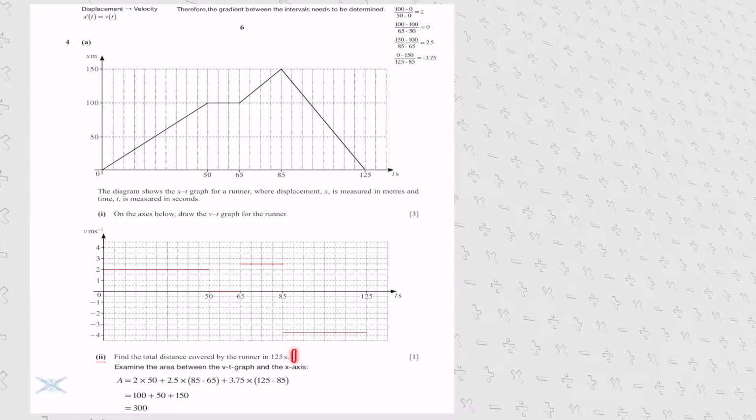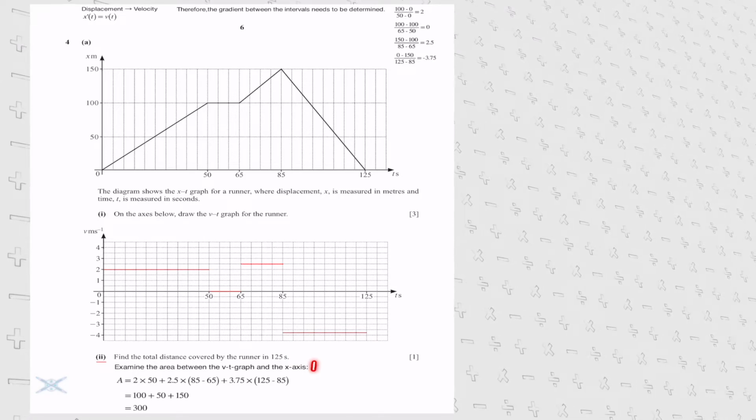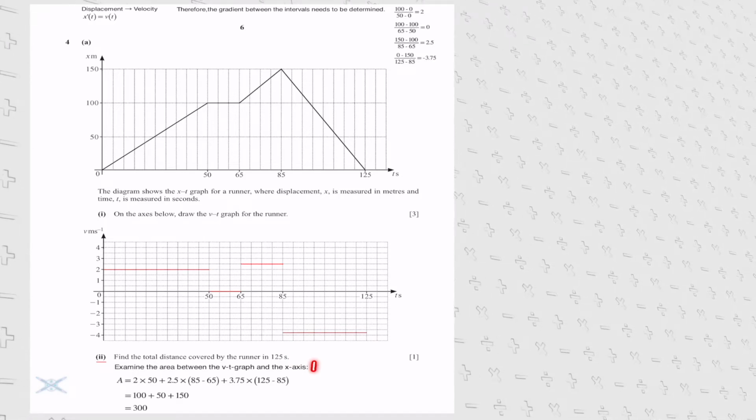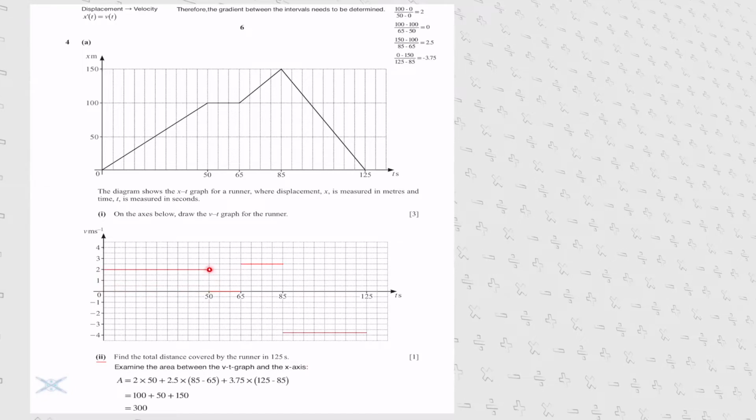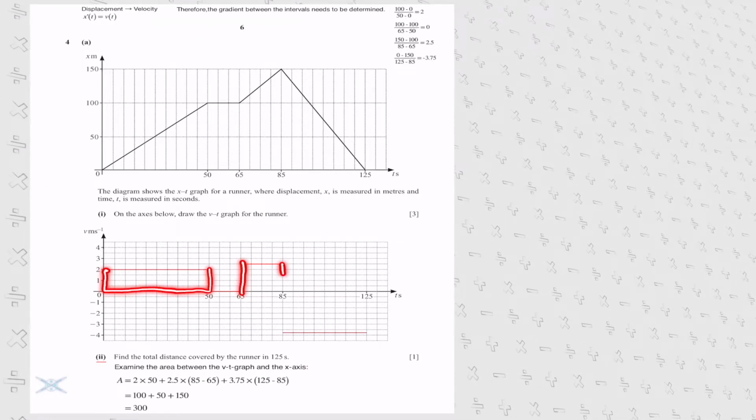Part 2 of exercise 4a requests from us to find the total distance covered by the runner in 125 seconds, and for that we need to simply examine the area between the vt graph and the x-axis, which in this case are just areas of rectangles that need to be added up.